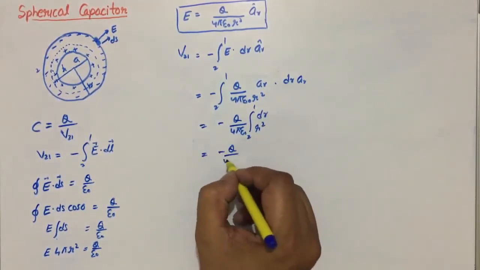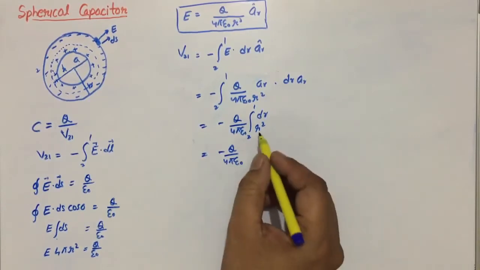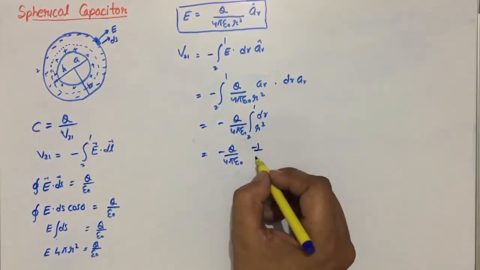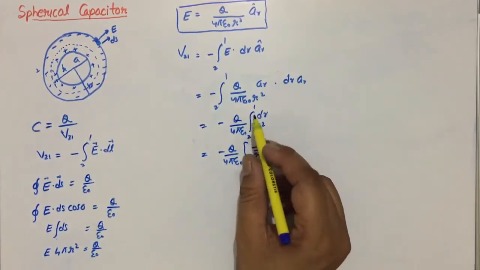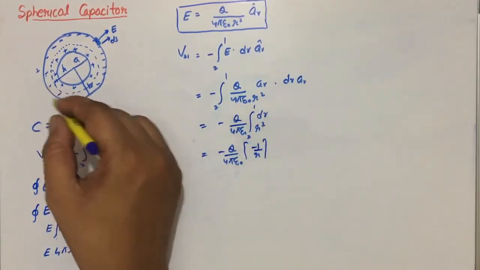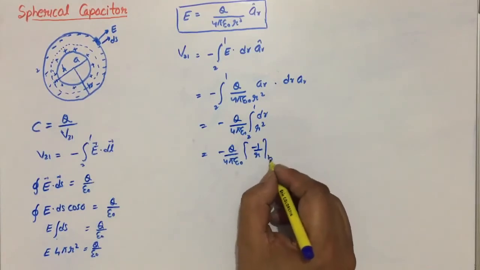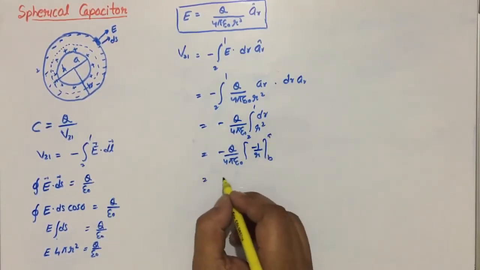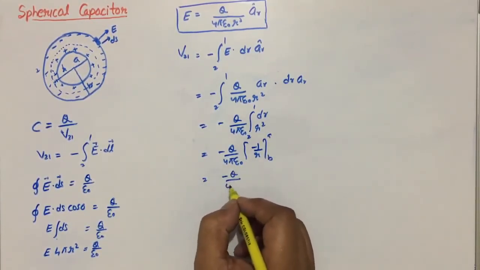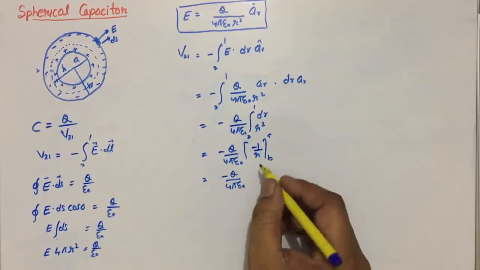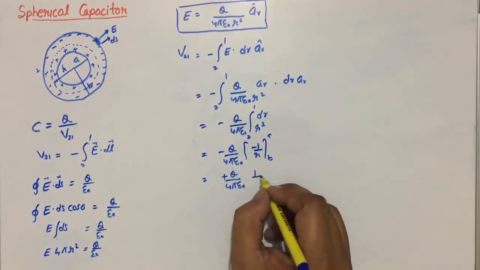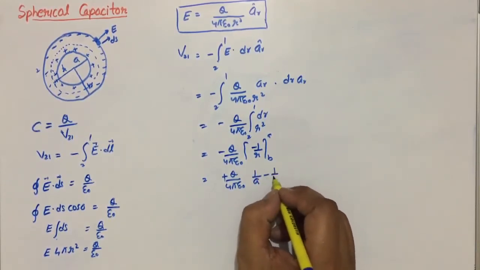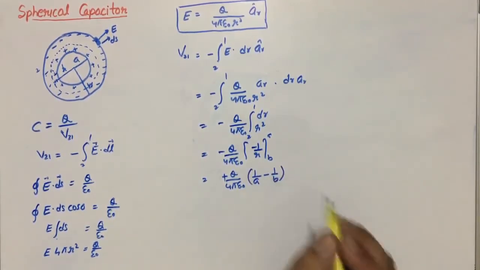Minus q by 4 pi epsilon naught, it will give you minus 1 by r after integration, that varies from 2 to 1, which means radius b to a. It will give you minus q by 4 pi epsilon naught, minus will be outside, 1 by a minus 1 by b.